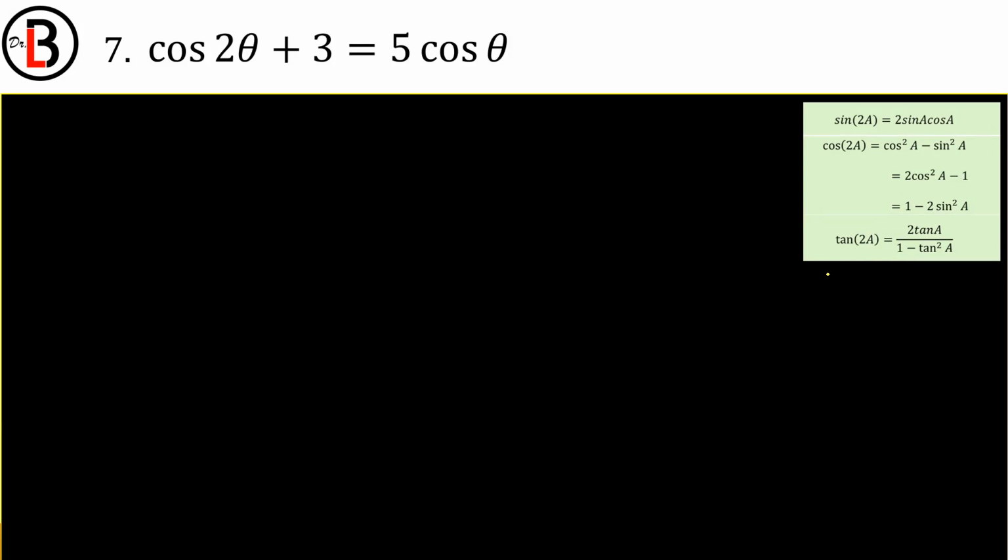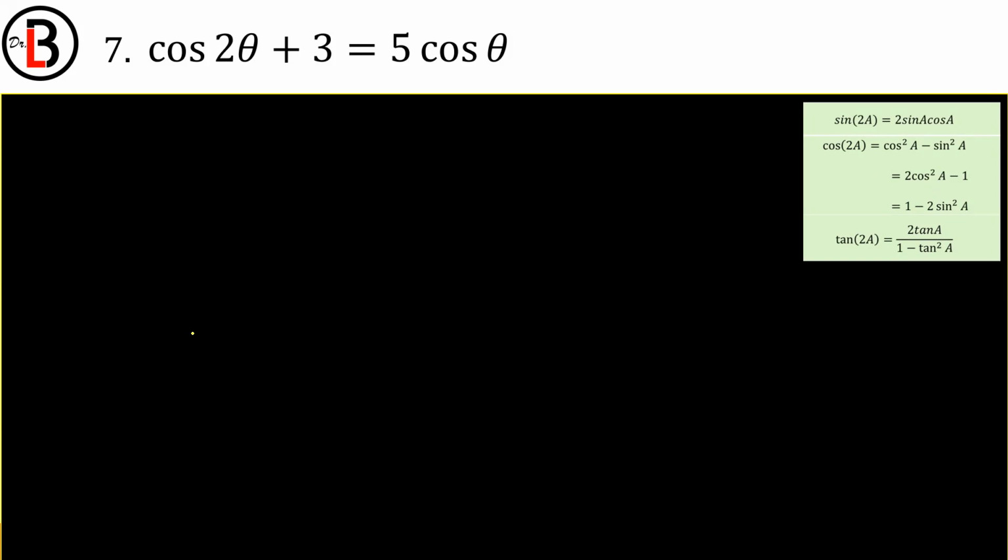Which one would be easiest? Some of you might say the first one, which is cosine squared minus sine squared. The problem is, if I use the first one, I'll be introducing the term sine, so it's going to be a combination of cosine and sine. If I use the third, I'll also be introducing the sine. Whereas if I use the second, it's just purely cosine.